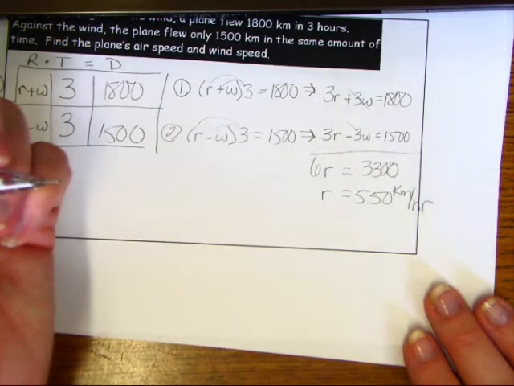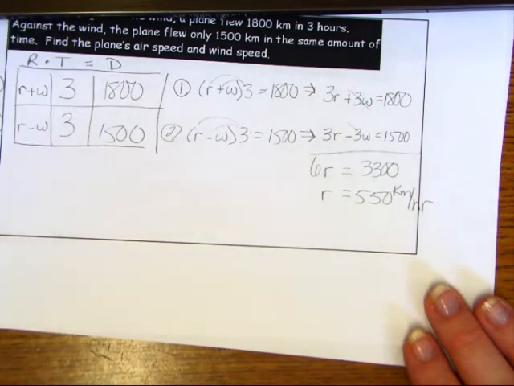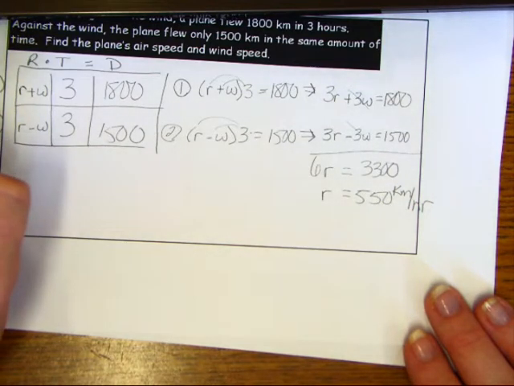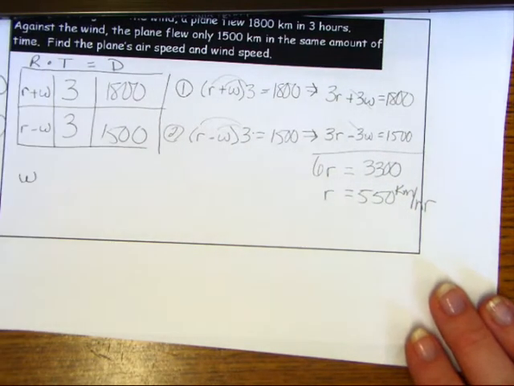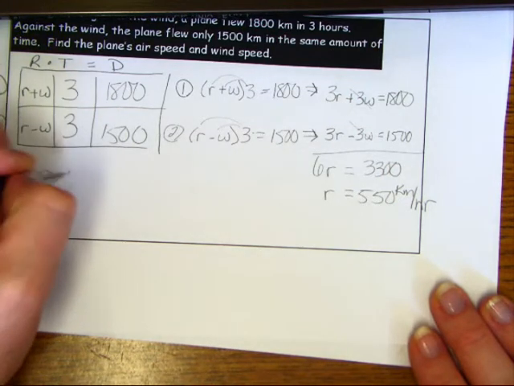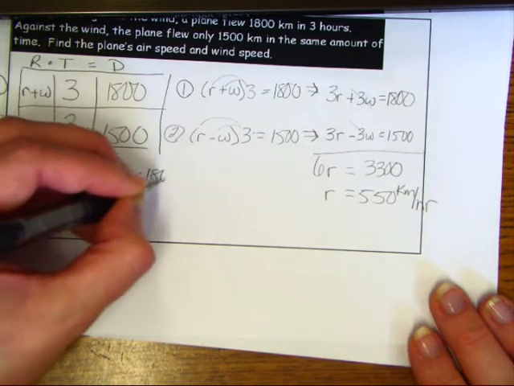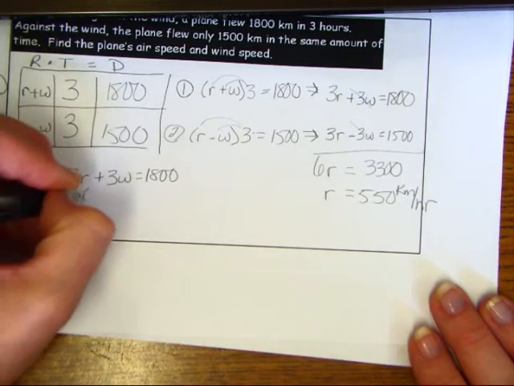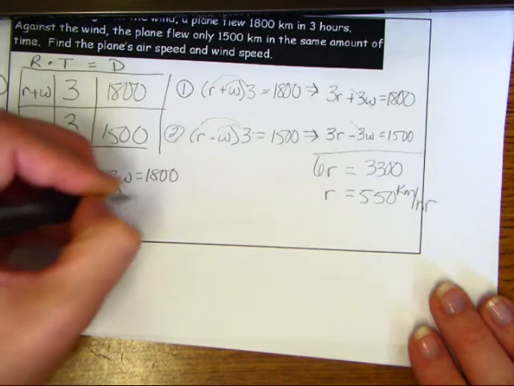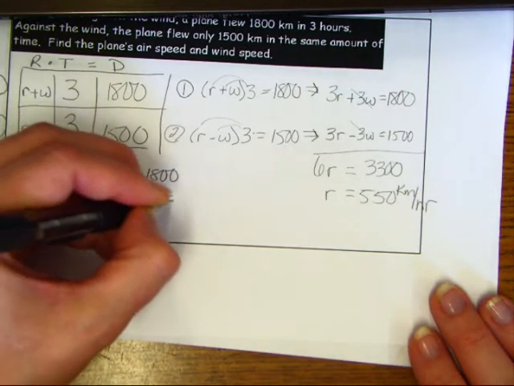Well, we need to figure out what our other variable is, okay? The other variable is wind speed. Okay, we got to figure out what the heck w is. So let's do 3r plus 3w equals 1800 from originally. And let's plug in 3 times 550 plus 3w equals 1800.